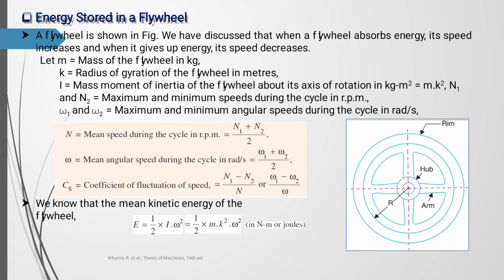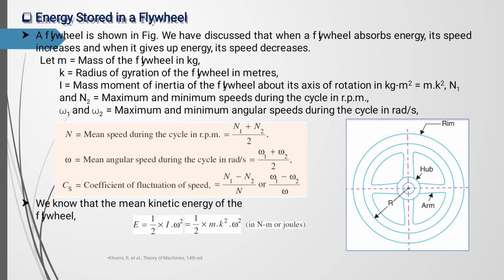From the basic formula of kinetic energy, E equals half m v square, which is from Newton's law, we can apply all the input values and find the final form of the maximum fluctuation of energy of the flywheel: delta E equals m k square omega square Cs. This is the important formula for the energy stored in the flywheel.